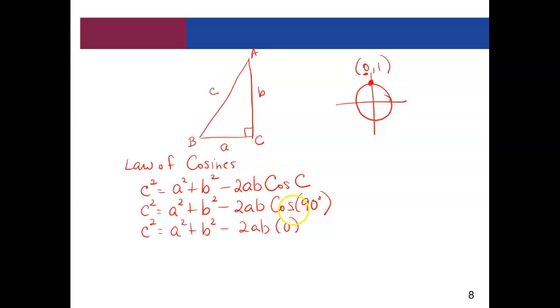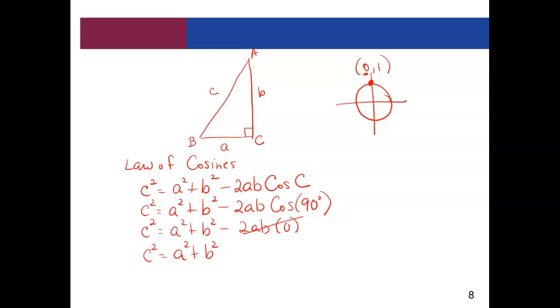Zero times anything is 0, so that whole expression goes away, and here we have our Pythagorean theorem. Again, the Pythagorean theorem is a special case of the law of cosines when you have a right angle in your triangle. Pythagorean theorem only works for a right triangle, but law of cosines works for any triangle. It does not have to be a right triangle.